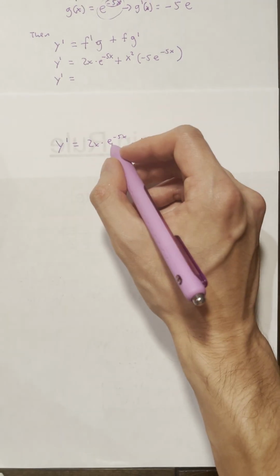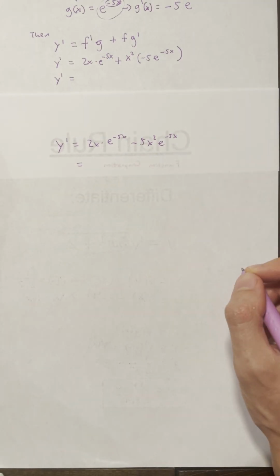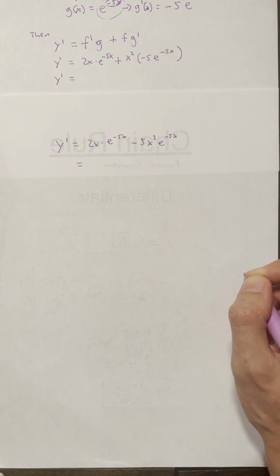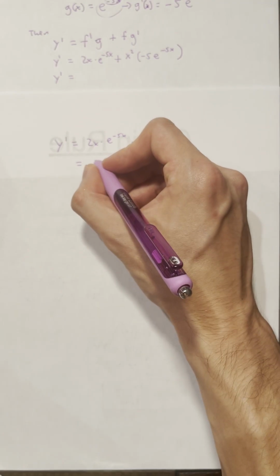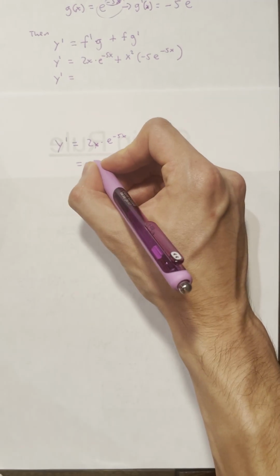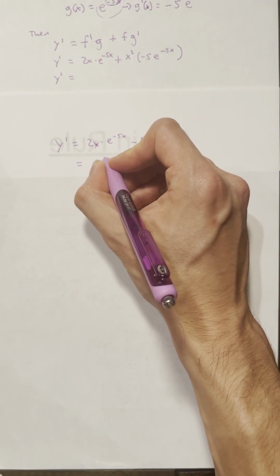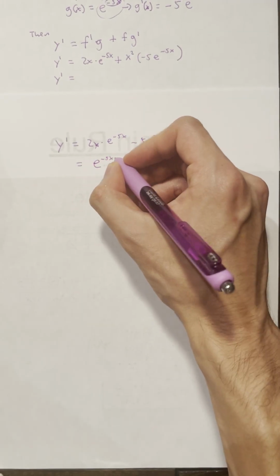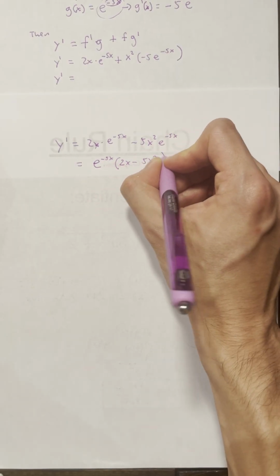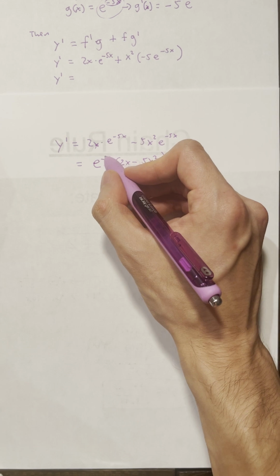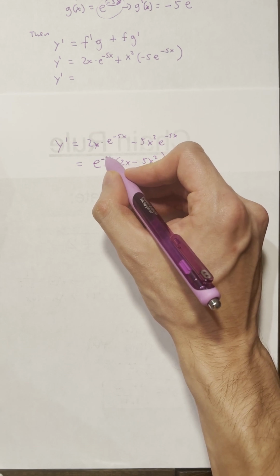I can factor out, what can I factor out here? So I'm going to factor out e to the negative 5x, because I want to get rid of the negative exponent.